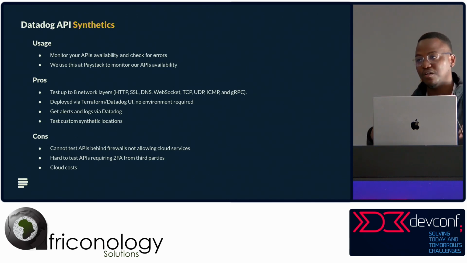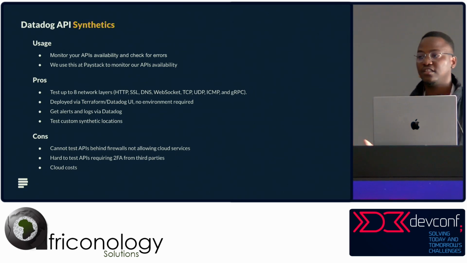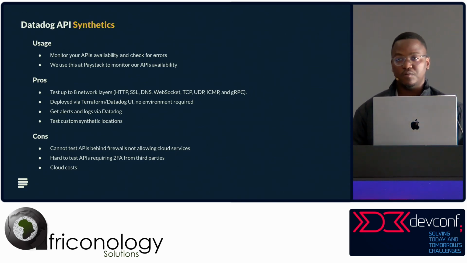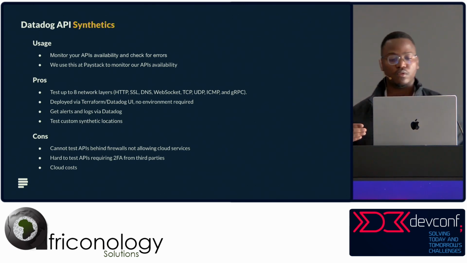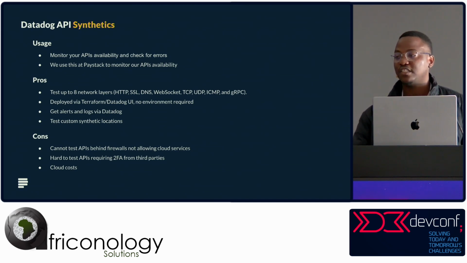So moving on to the cons, I guess, is that you obviously cannot test this in an environment that's not exposed to the public. And also, it's hard to test APIs. This is one of the challenges that we have as well, requiring two-factor authentication.